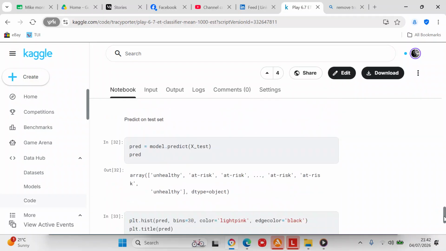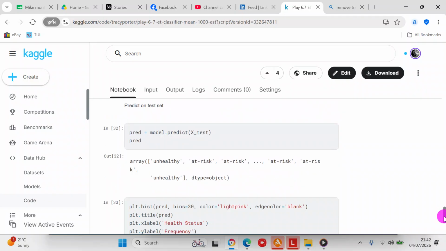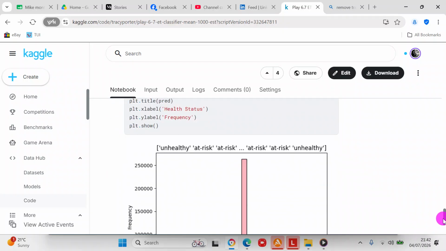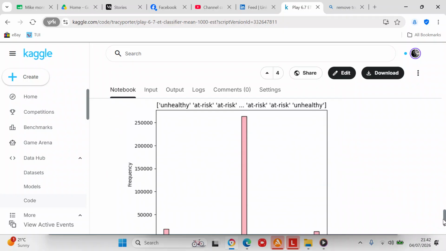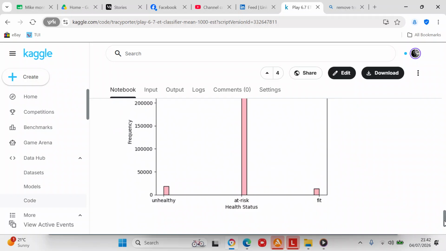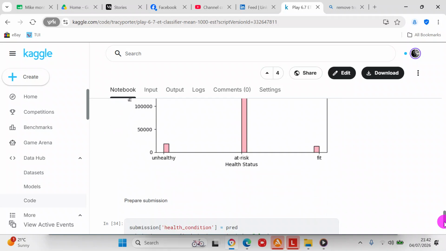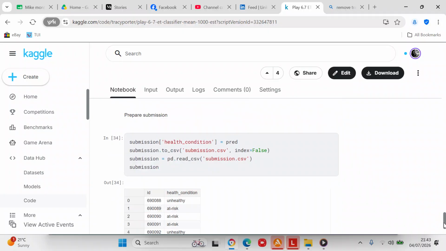Now we're going to predict on the test set. We've got pred as the prediction, and we convert that to a histogram as well. So you've got a few people who are fit, a little bit more who are unhealthy, and most people are at risk. I made a histogram so you could see what the prediction was.